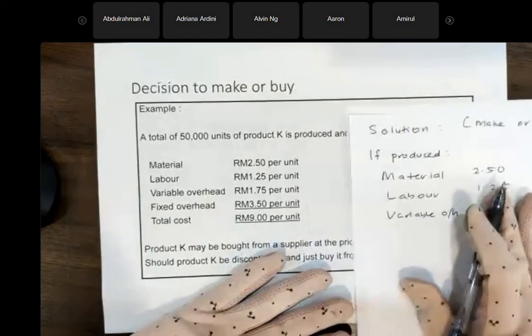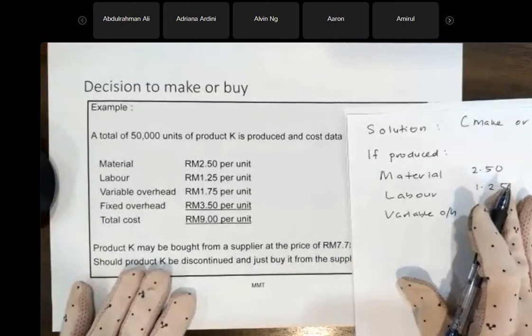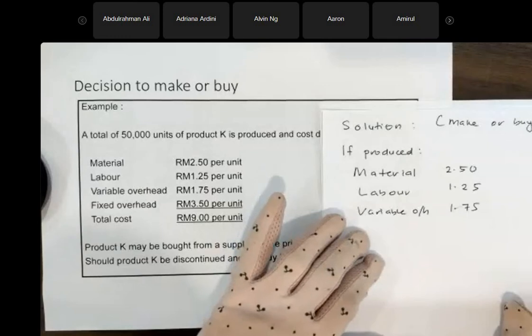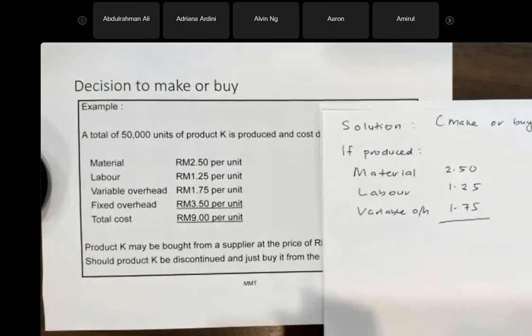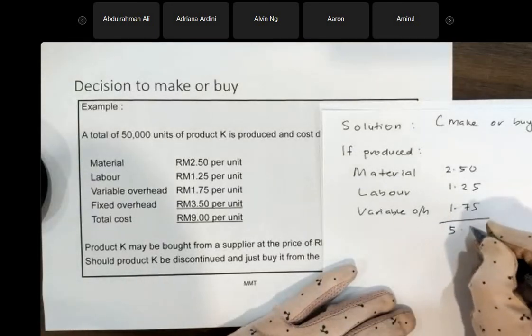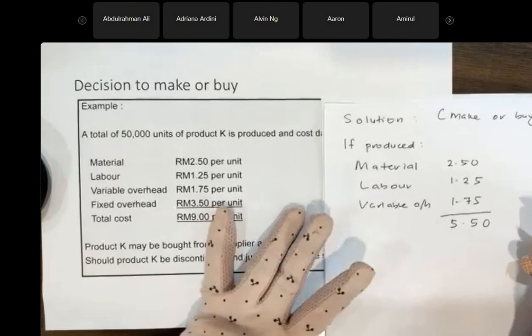Sebab sekarang ni nak berlawan dengan ni yang produk K ni. You want to buy from supplier or you just produce. Okay, if you just take this one without any fixed cost, then you can calculate dia punya number is RM5.50. Okay.